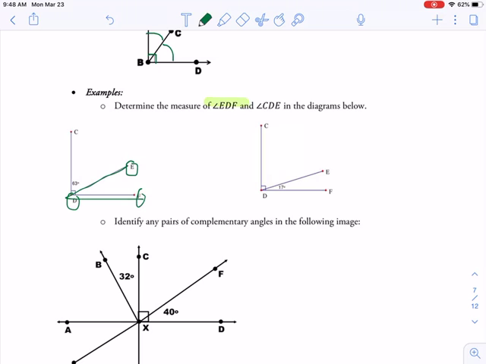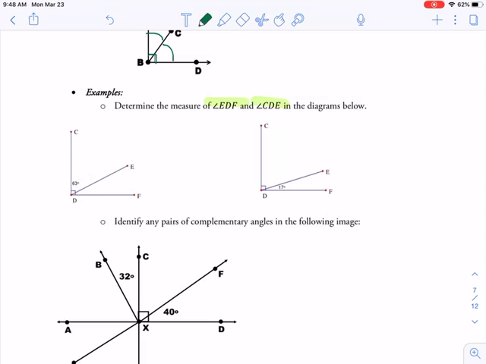We'll mostly use angle names like angle 1, angle 2, but it does happen sometimes that we need to label them with the 3 letters, and that's how that works. So again, for angle CDE, you would find letter C, letter D, letter E, and then find the angle that connects all 3 of those labels, okay? So just a quick note about that.